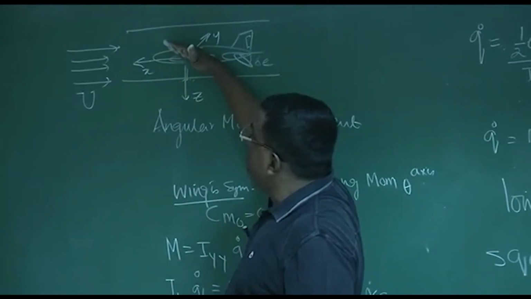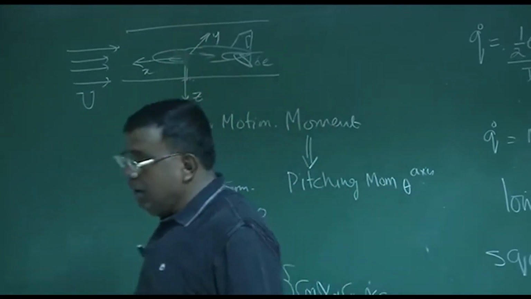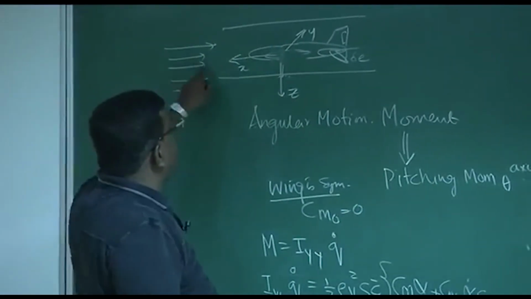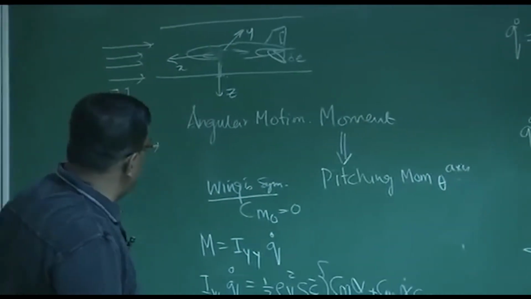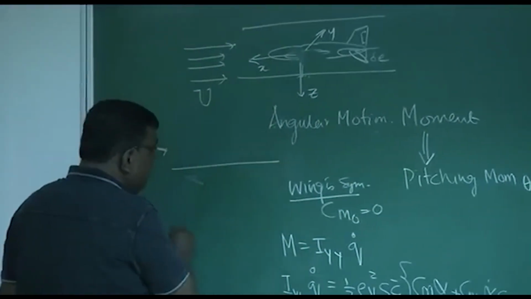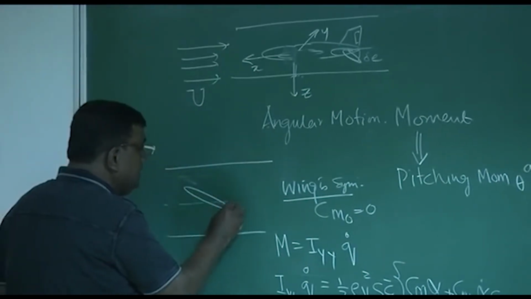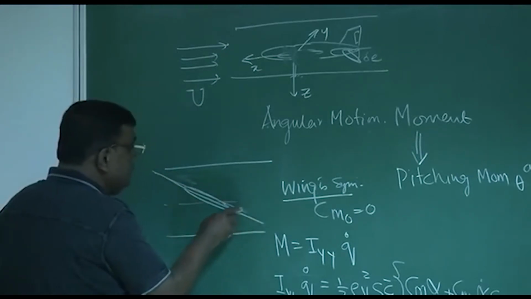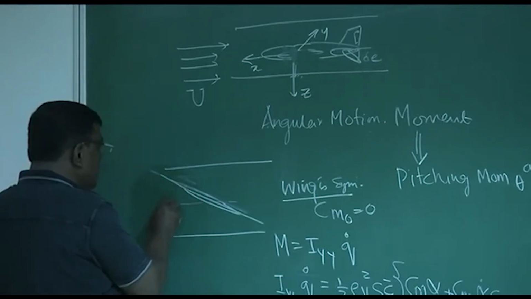If I have theta like this, the angle between the axis and the horizontal becomes theta, but similarly the angle between the velocity vector and the axis becomes alpha, so theta equals alpha. Again you can check it. If this is a tunnel, and I have moved the model like this, then this is my axis, say the chord line, and the velocity vector remains like this.